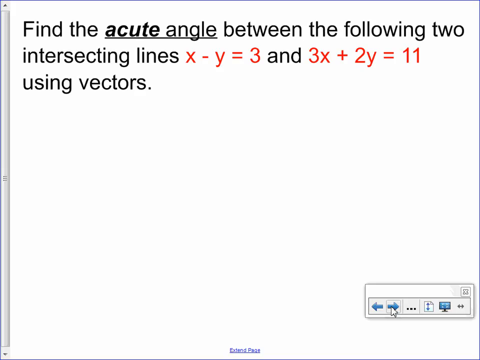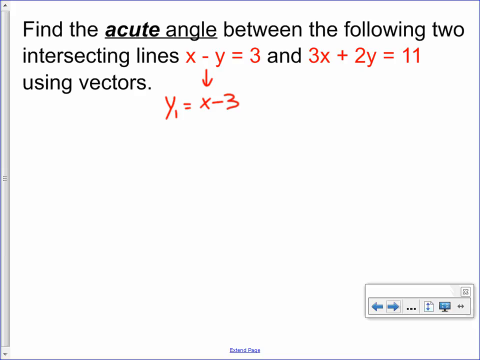In order to do that, here we go. Do we agree that this thing is y1 is equal to x minus 3? True? We need to change it from Cartesian back to vector so that we can do the cosine formula.